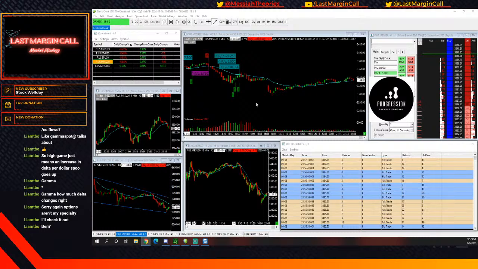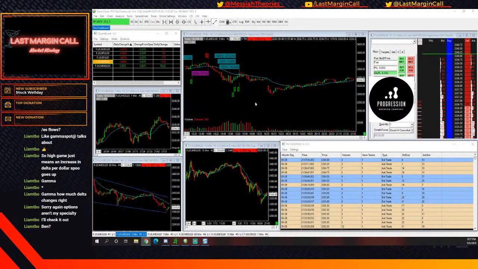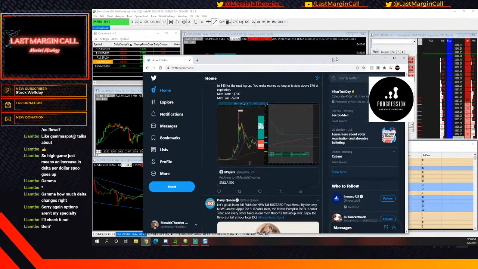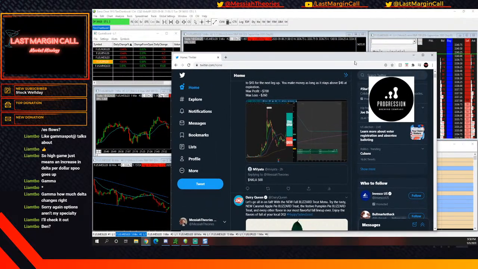I had this giant blunder of a trade earlier, right after I was posting about how I'm going to be doing stuff, and that sucked. So I'll show you what I was doing. I had it up here like this, and I was just posting, and I went to click the X after I posted just so I could get out.